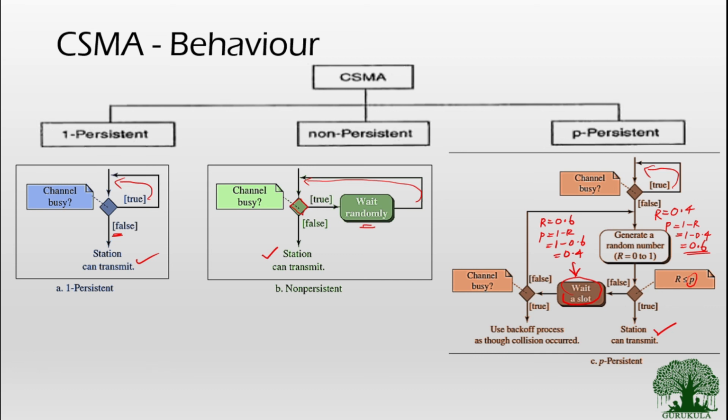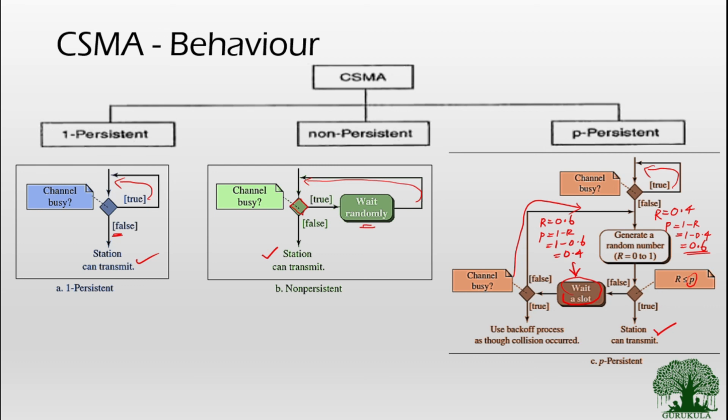It is some other station's slot. As per the slotted mechanism, one station cannot transmit in other stations' slots, so it will have to wait for a slot period, and then it will initiate the same procedure again. So this is what we call the p-persistent method of access mechanism.